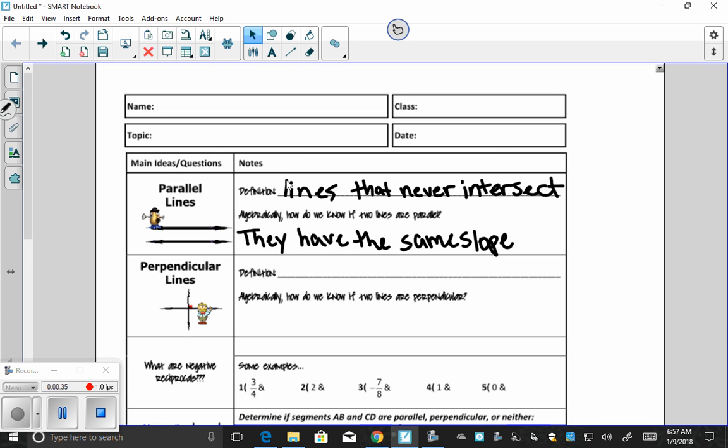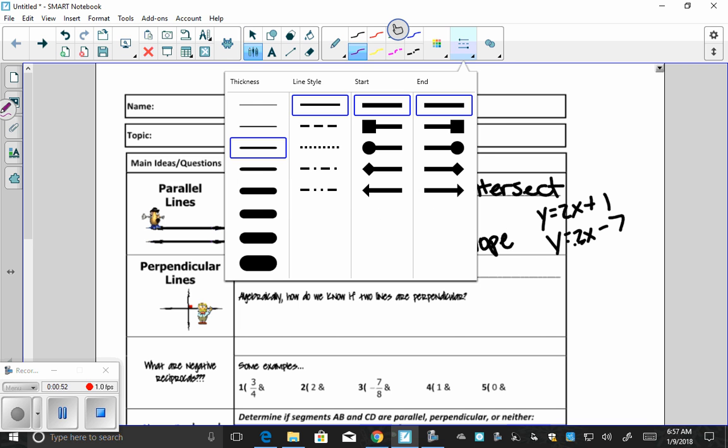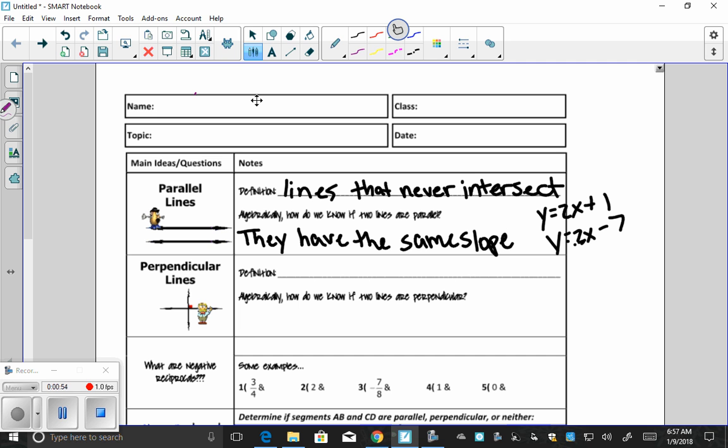For example, if you had y equals 2x plus 1 and y equals 2x minus 7, then those lines would be parallel because the slope is the same. These two numbers are the same, so that is a parallel line.